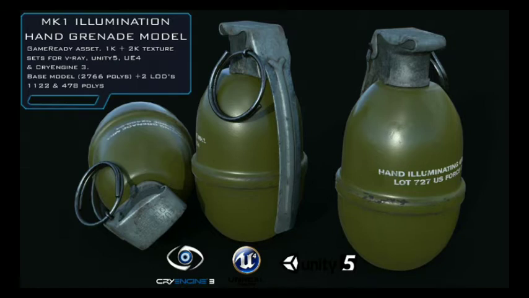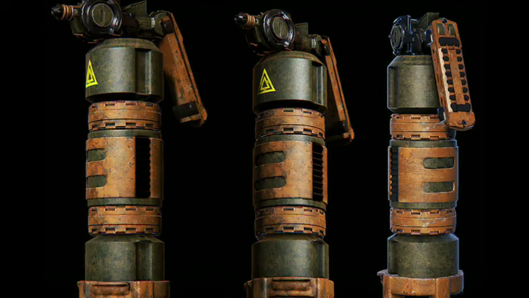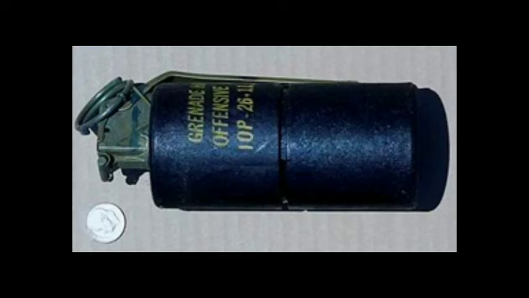This grenade is used to provide illumination of terrain and targets. Next is chemical. These grenades are used for incendiary, screening, signaling, training, or riot control. Next is offensive. This grenade is used for blast effect.